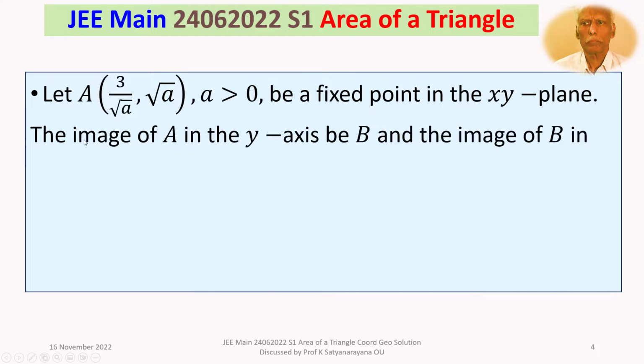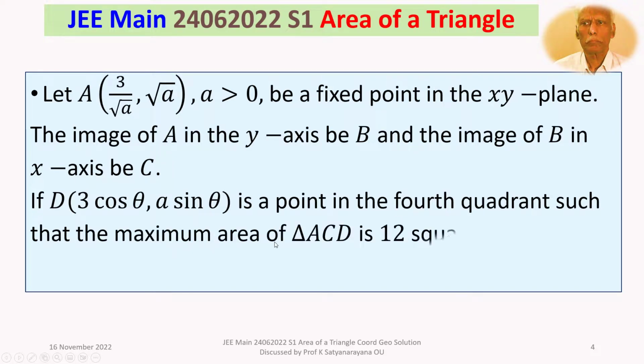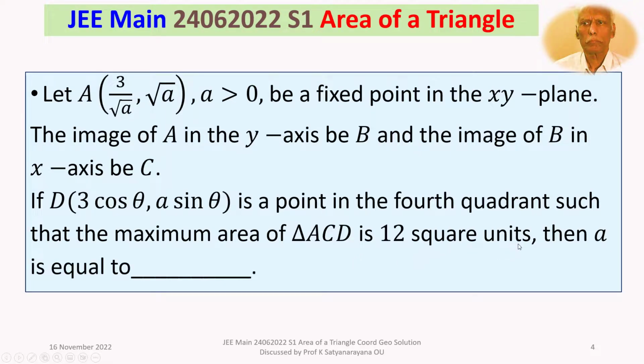The image of capital A in the y-axis be capital B, and the image of capital B in the x-axis be capital C. If capital D with coordinates 3 cos theta, comma, a sin theta is a point in the fourth quadrant such that the maximum area of the triangle ACD is 12 square units, then a is equal to.